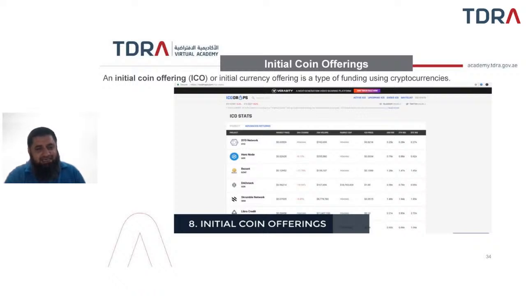Similarly, if we do the same thing on a blockchain platform, that is called an ICO. Here, instead of shares, we are going to sell coins or tokens. These tokens are bought by people, and when they visit the same theme park, they can use these tokens. If they want to have food, they can use tokens to get the food.